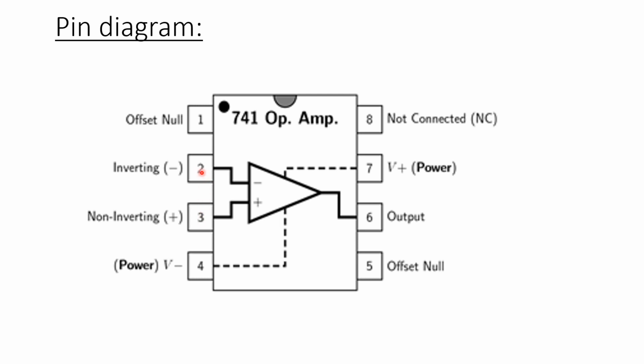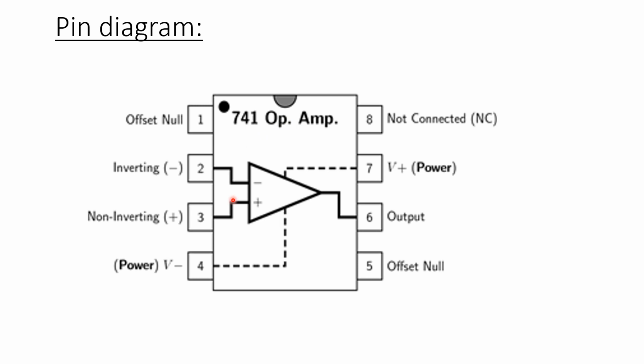For the second terminal we give inverting signals, and the third pin is the non-inverting input terminal. We get the output from the 6th terminal, and we provide the supply to the 4th and 7th pins, and there is no connection for the 8th pin.